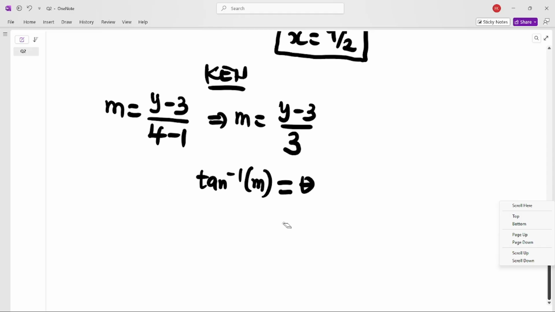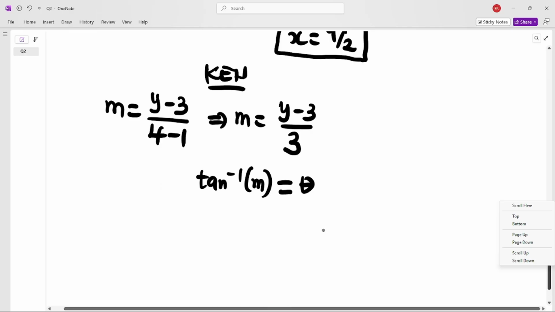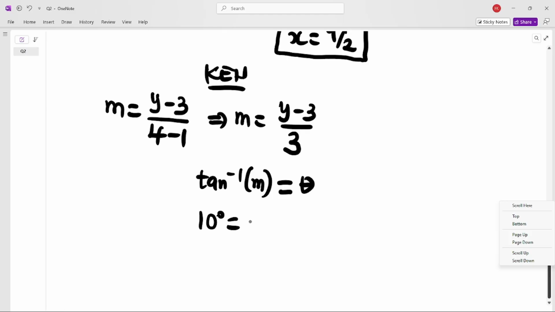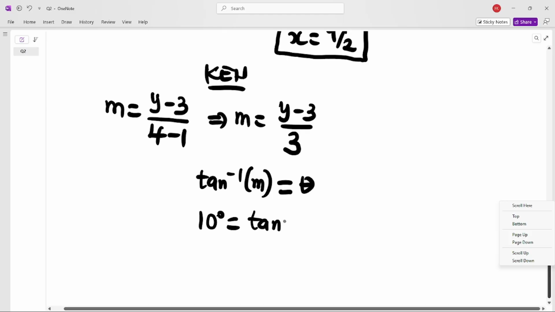Yes, this one. So the equation will be 10 degrees is equal to tan inverse of y minus 3 all over 3.